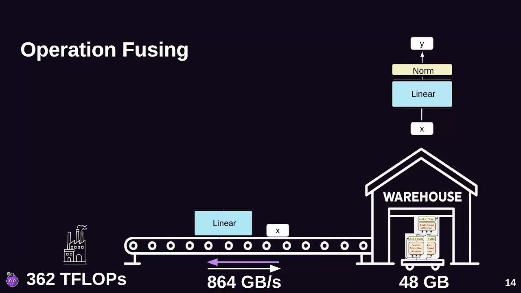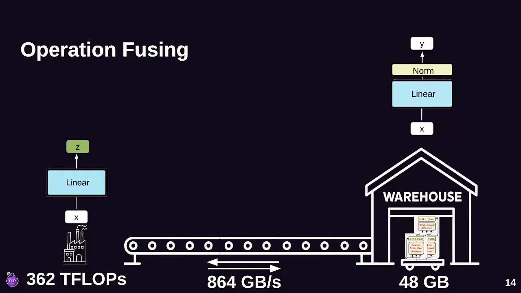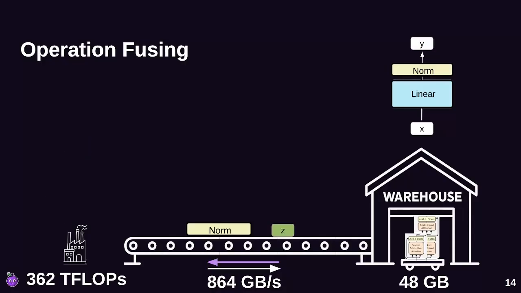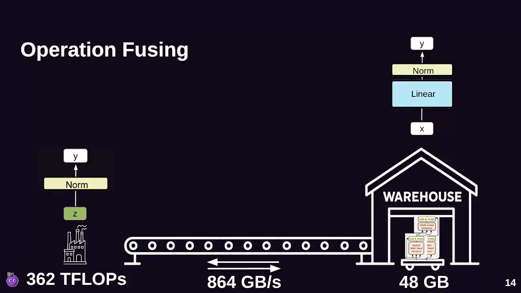So this would look like the following, right? At the beginning, we first have to do the linear operation. So you shift your input and your linear layer to the GPU. Then on the GPU, on your factory, you do the operation, get some intermediate result C, and then you have to bring that back to your warehouse where you need to grab the parameters of your norm layer, bring that to the factory again, do the last part of the computation, and then you're finished.